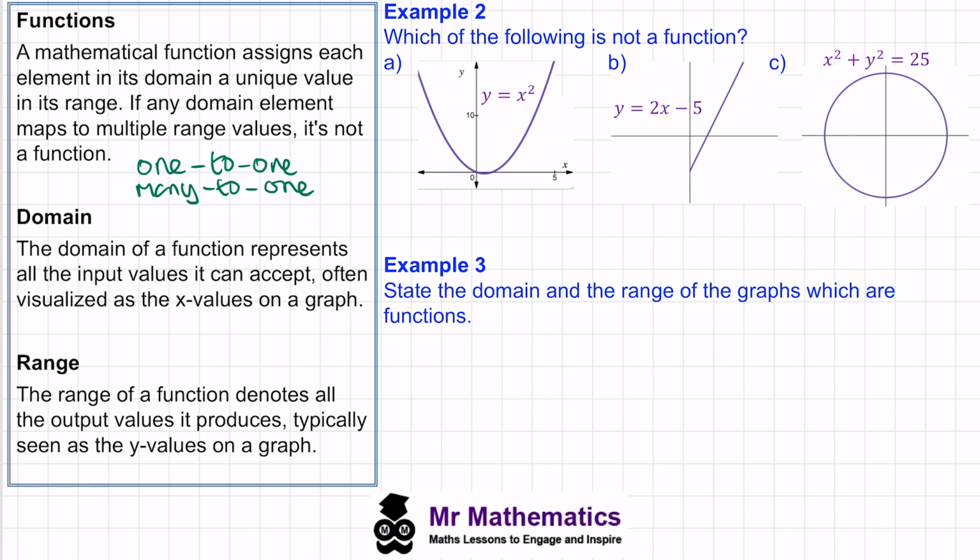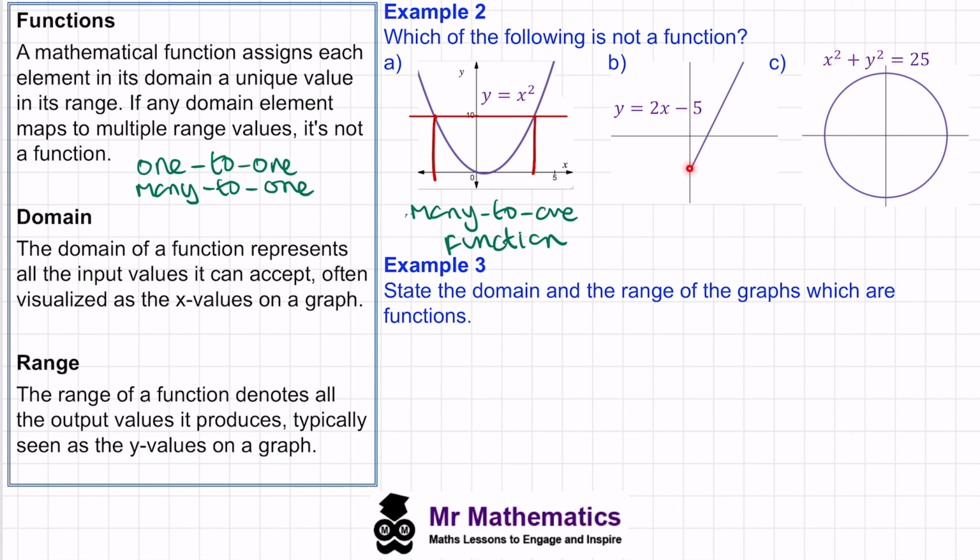So in example 2, which of the following is not a function? For example A, you can see we have a many-to-one function where these many or multiple x values fall on a single value of y. So because it is a many-to-one mapping, it is a function. In B, well, this is interesting because it is not a function here, but it is a function here.